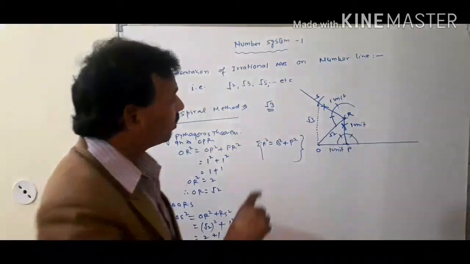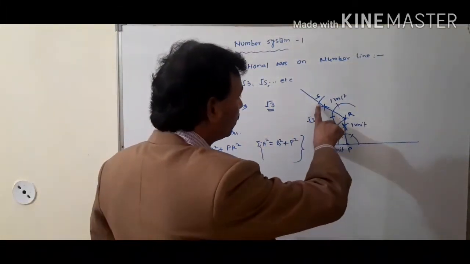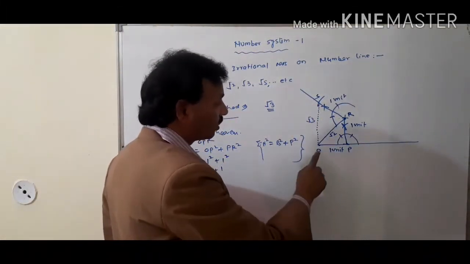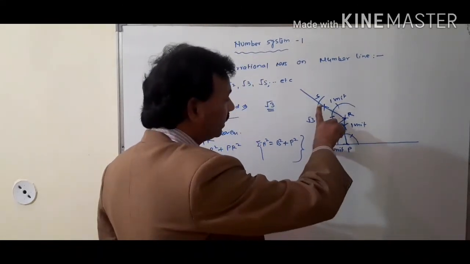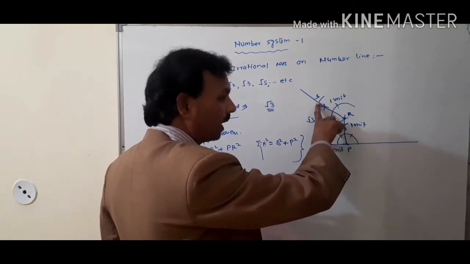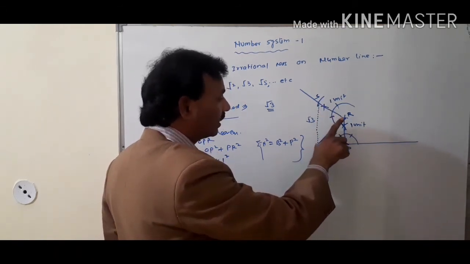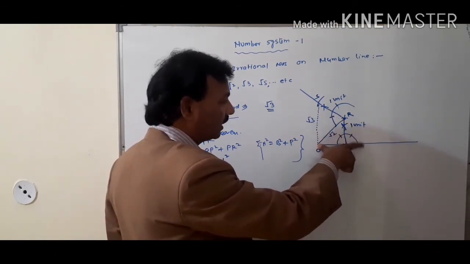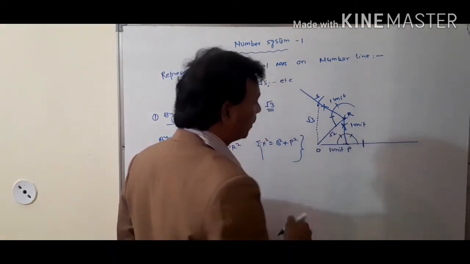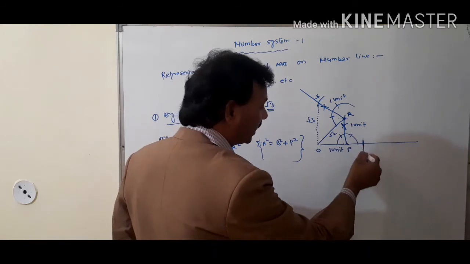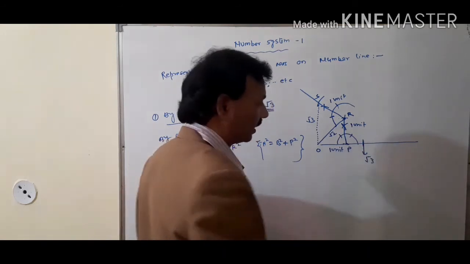Now if you want to represent root under 3 on the number line, your number line is OP. Take this length of OS in your compass and cut on the number line from O, like this. This intersection point represents root under 3.